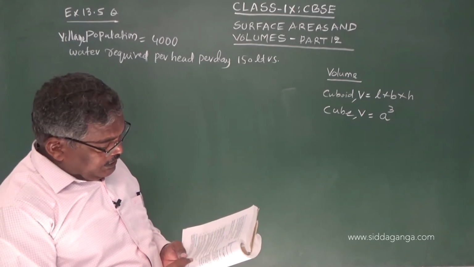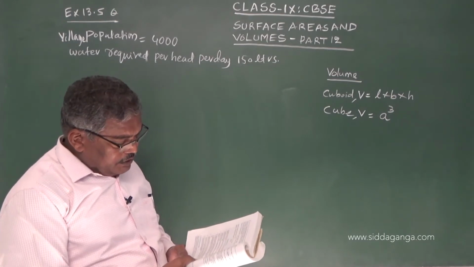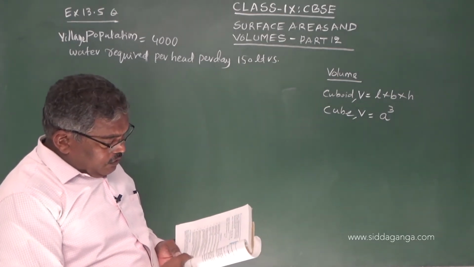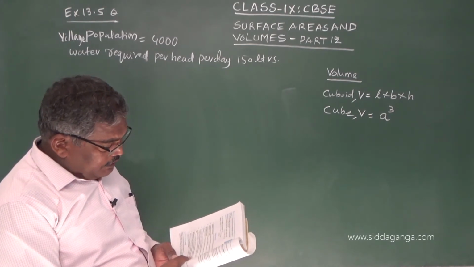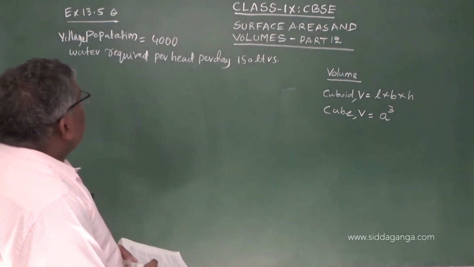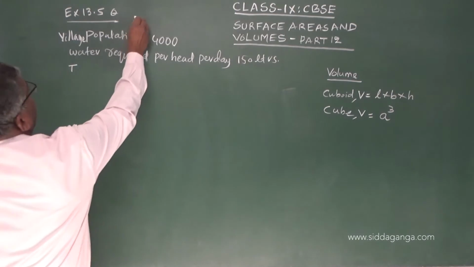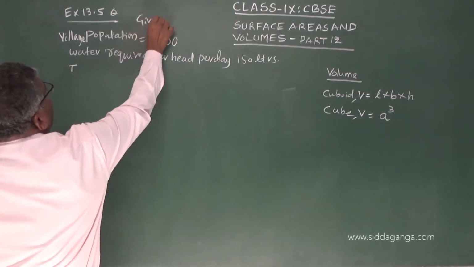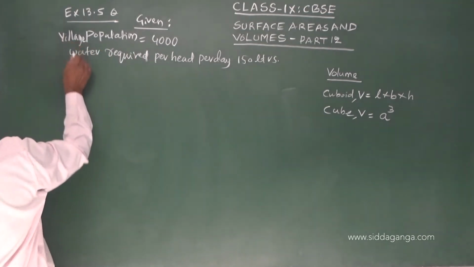It has a tank measuring 20 meter into 15 meter into 6 meter. For how many days will the water of this tank last? So that means tank capacity. So these are all data given. Given data is village population.